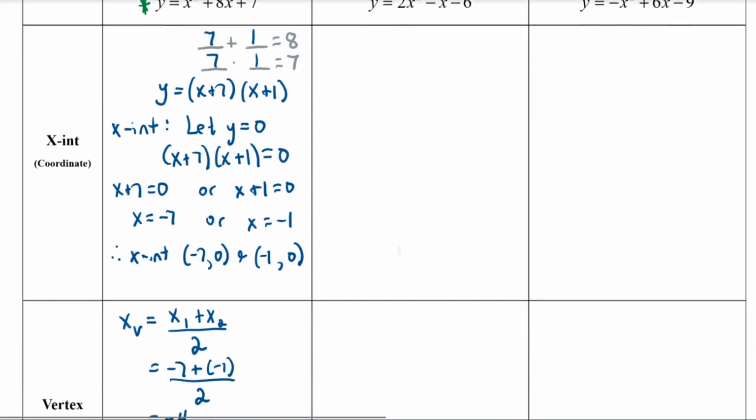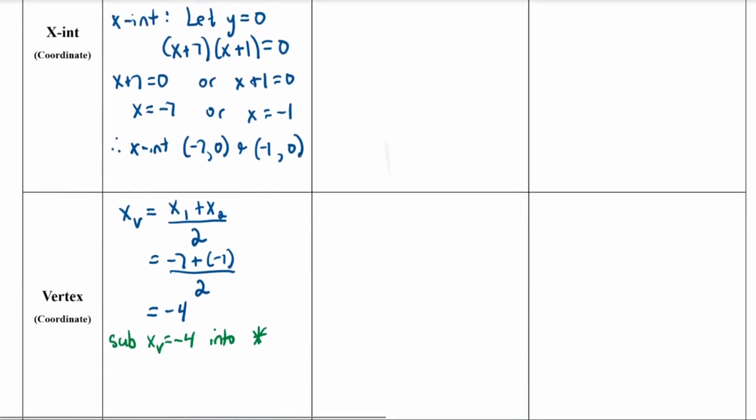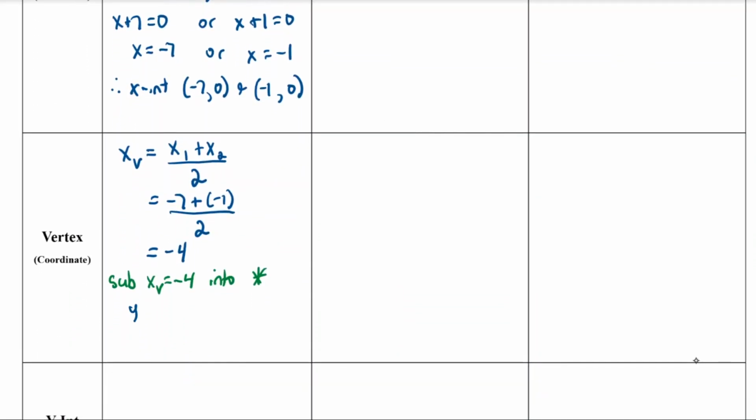So we've got (-4) squared plus 8 times -4 plus 7. If you do this carefully, you'll get a y value of -9. So our vertex is going to be (-4, -9).